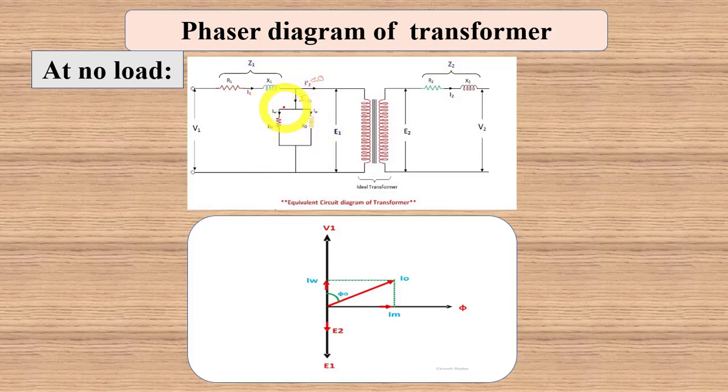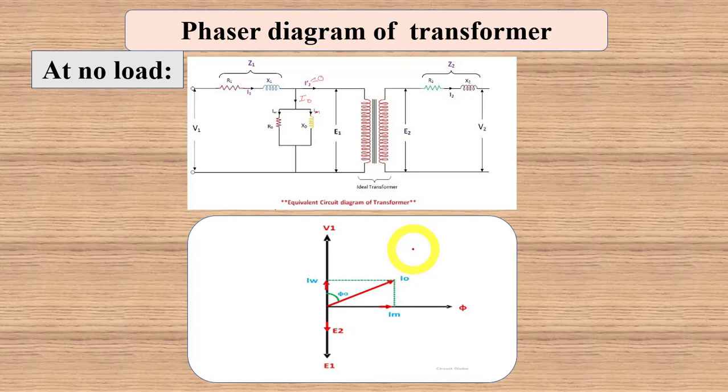This is I0, this is IW and this is IM. So when the V1 voltage, which is the rated voltage of the transformer, is applied at the primary side, then the I0 current is drawn, which is known as the no load current of the transformer.